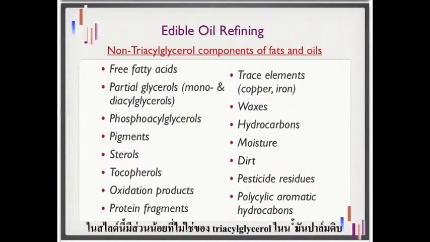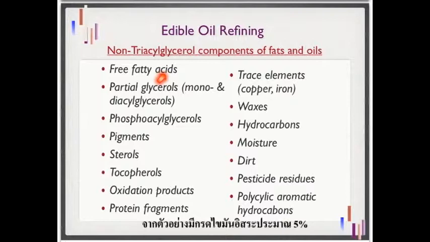In this slide, you can see the list of non-triacylglycerol components in the crude palm oil or in any crude vegetable oil. So for example, we have a free fatty acid or FFA. This is in the crude oil usually present at around 3 to 5%, and in the refining we want to reduce it to a very low level, maybe less than 0.1%.